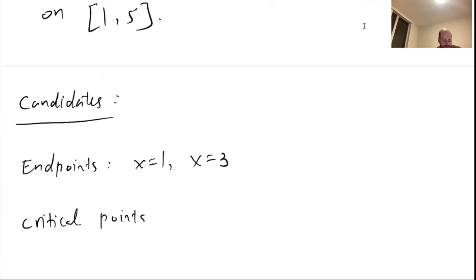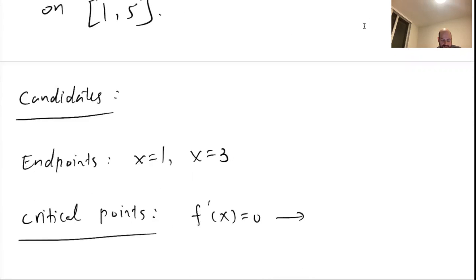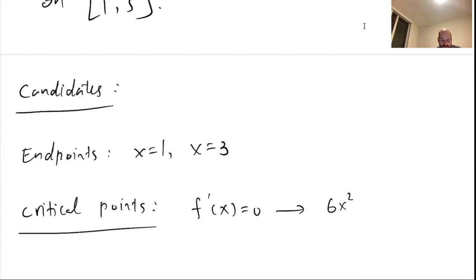For critical points, I need to solve for f prime of x equals 0. That will give me 6x squared minus 30x plus 36 equals 0.